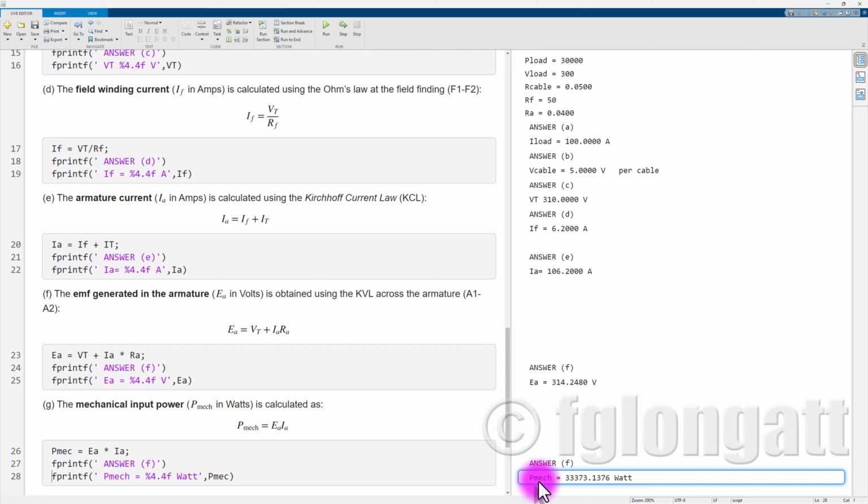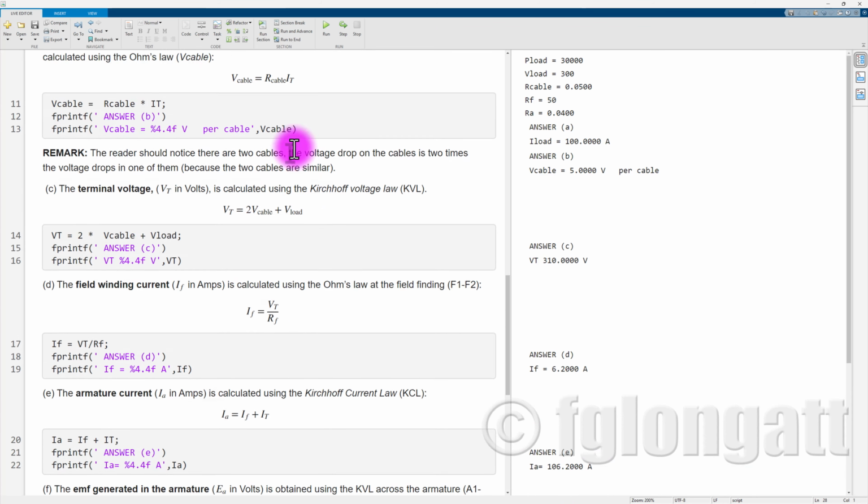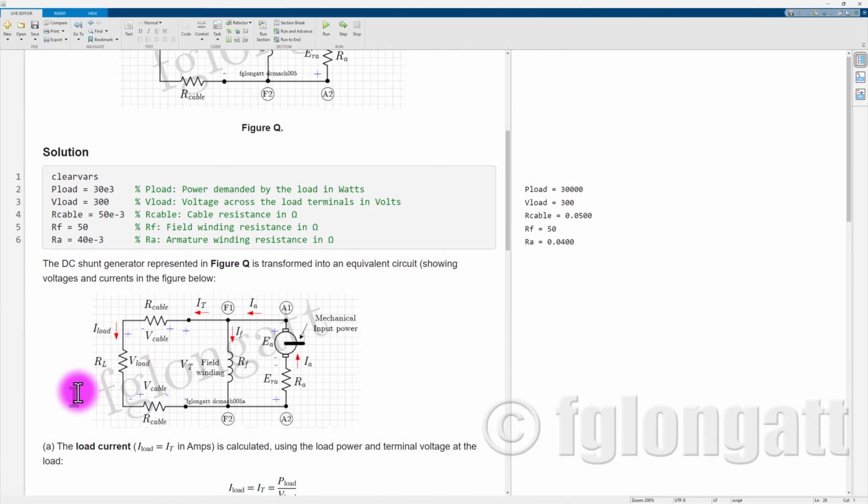33,375.1 watts. What is interesting to see over here is that we need more mechanical power. You can see that this could be 33.3 kilowatts just to deliver 30 kilowatts to the load. And the reason that we need more mechanical power than the load here is because we have several resistors over here representing the copper losses through the windings and the cable.